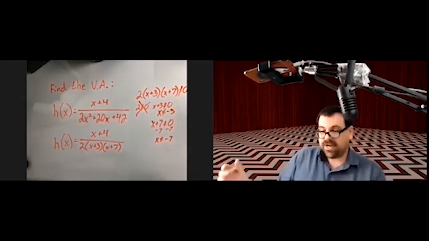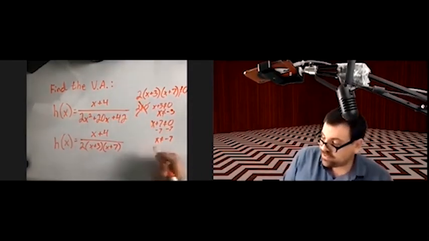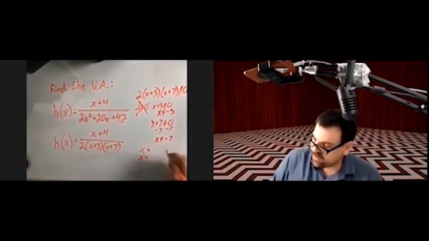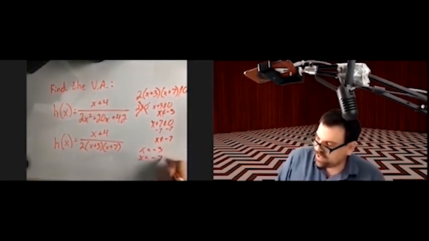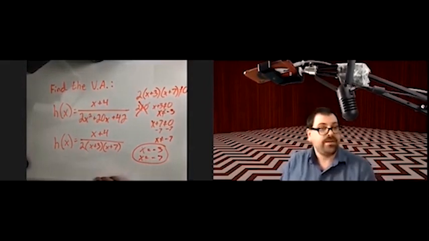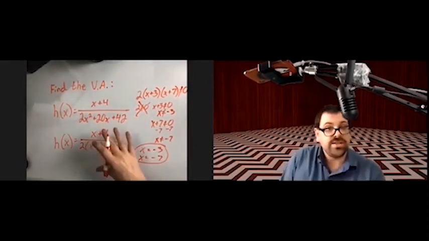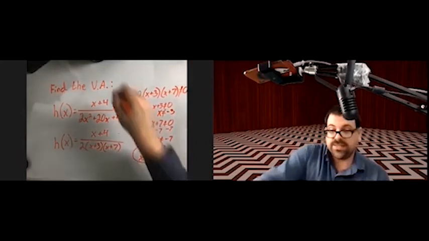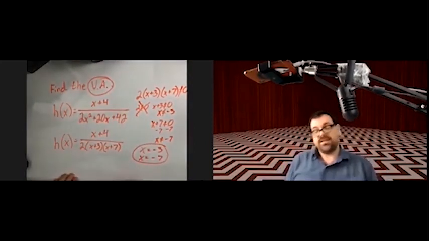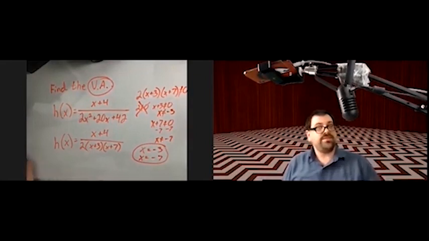But as of right now, these vertical asymptotes are going to happen at x equals negative 3 and x equals negative 7. Again, that's not a solution to this equation. These are vertical asymptotes, negative 3 and negative 7.